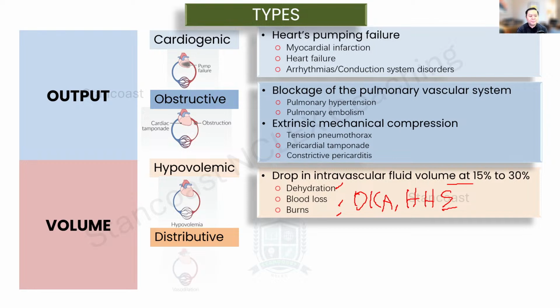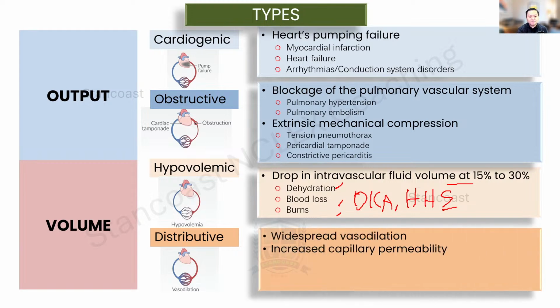Now, talking about the distributive type of shock here, what is this? It is going to be caused by the widespread vasodilation. Take note of this word right here. In distributive shock, there is widespread vasodilation and also increase in the capillary permeability.